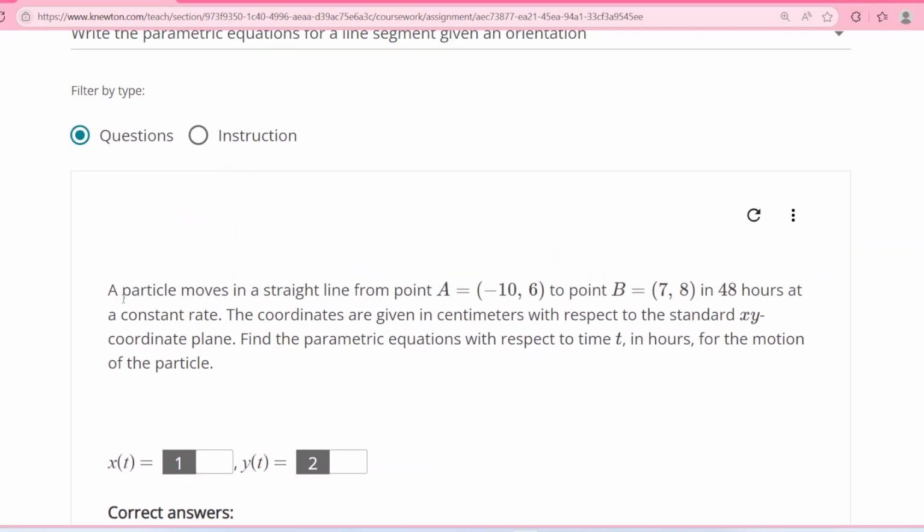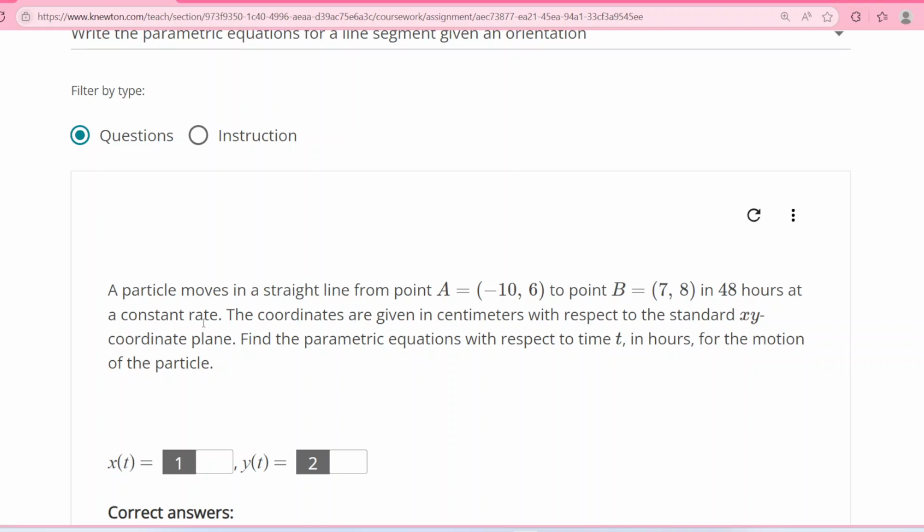We're given the question: a particle moves in a straight line from point A with coordinates -10, 6, on the xy plane of course, to the point B with coordinates 7, 8. And it does this in 48 hours at a constant rate.